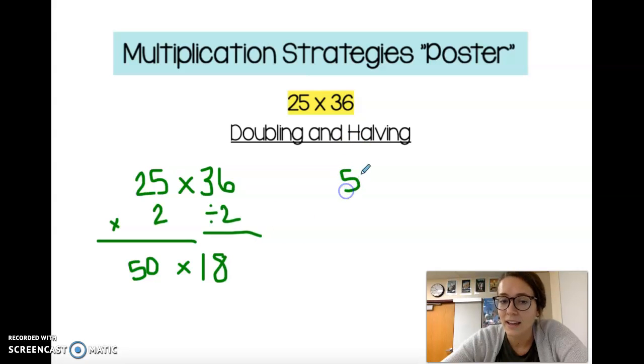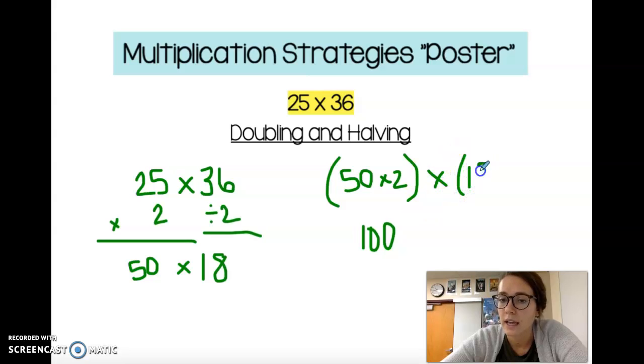And I know I can because 50 times 2 gets us to one of the easiest numbers to work with. It gets us to 100. And if I double one half of my equation, I'm going to have to half the other side of my equation to keep it balanced. So I'm going to take 18 and I'm going to divide by 2.